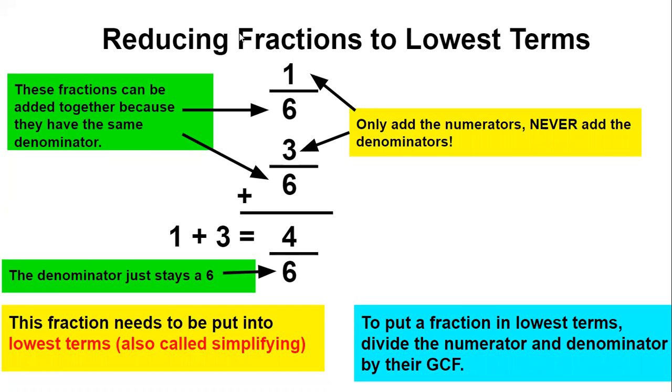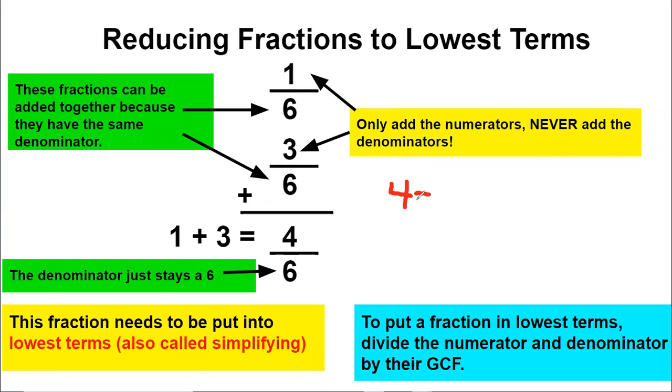Do you remember how to find the greatest common factor? Well, you list all of the factors of 4. There's not too many. There's 1 times 4, and there's 2 times 2. So there's only really 3 factors of 4. And then you'd list the factors of 6. That would be 1 times 6 and 2 times 3.